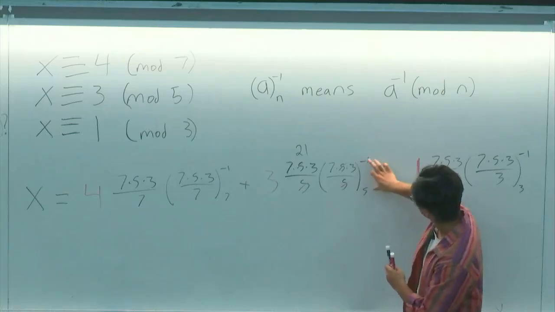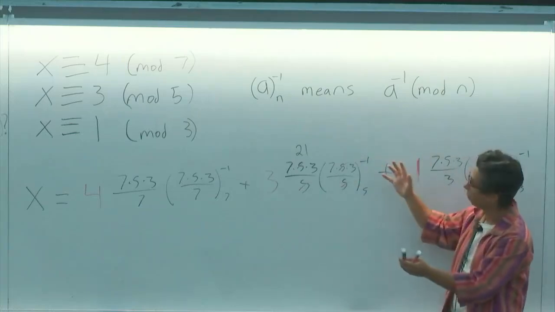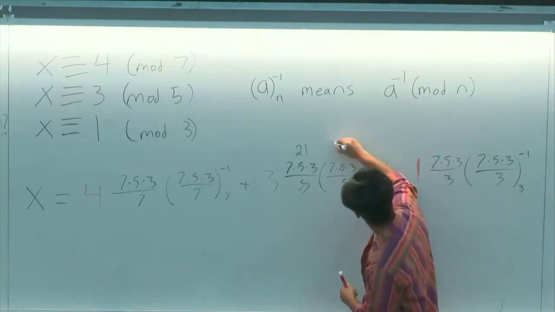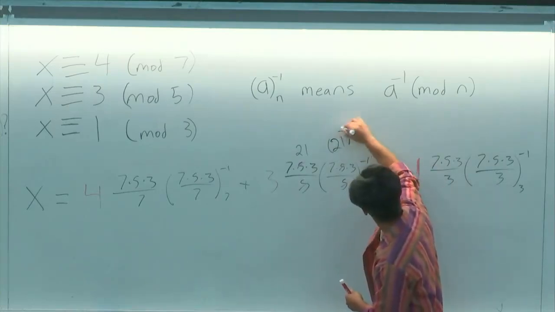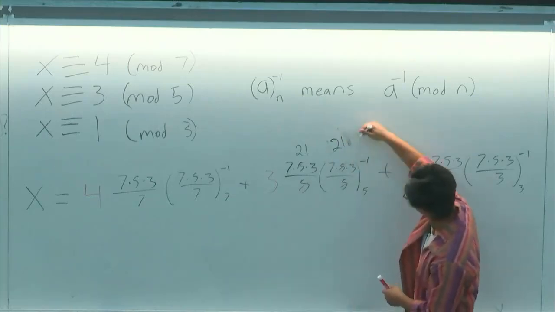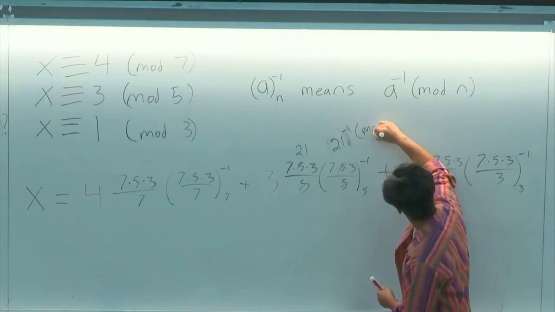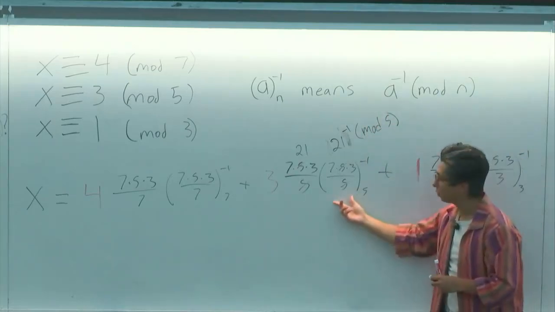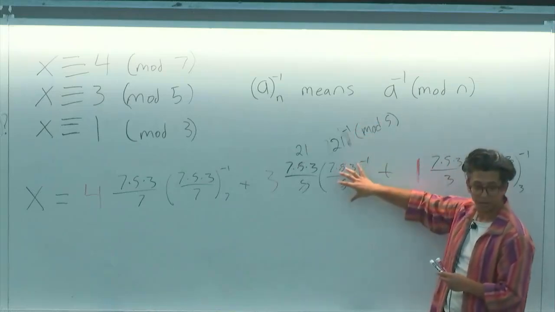And a little bit of new notation, so we're not writing a whole bunch: we're going to just say that this is basically 21. What this notation is saying is 7 times 3, 21, inverse mod 5. So whatever that number is, we're just going to slap that in there.